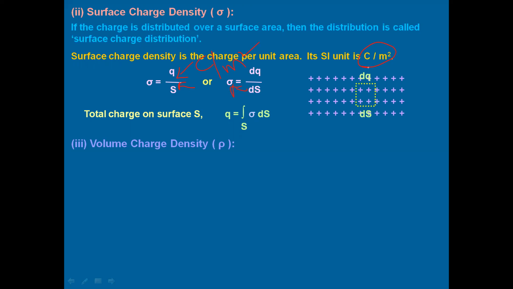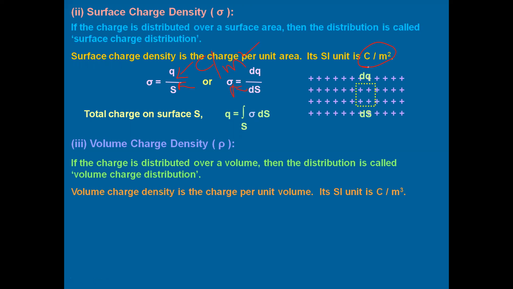Let us look into the third one, volume charge density. We use the symbol rho to represent it. This comes into play when a conductor has considerable length, breadth, and thickness. If dq is a charge enclosed over a small volume dv, by the definition of volume charge density, it is the charge per unit volume.